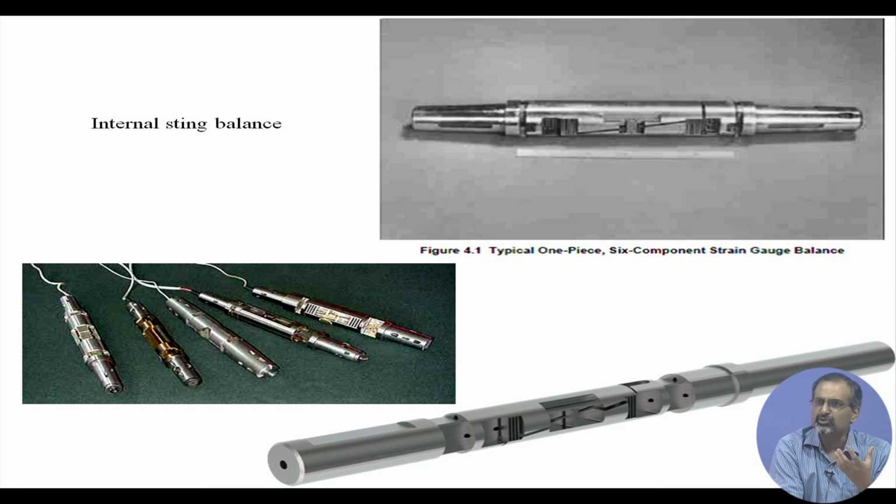There are numerous issues which you have to look at. You have to look at the linearity, you have to look at hysteresis, and there could be more in the list. So, it is not just a piece of metal, but very important instrumentation which we need for force and moment measurements in wind tunnel experiments.